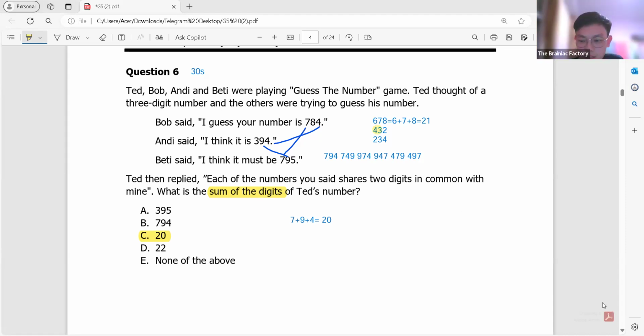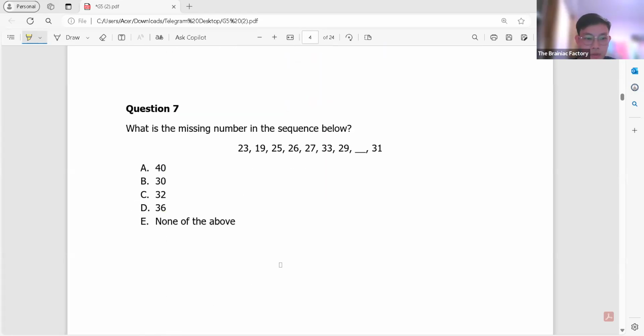So anybody have any question? If you do not, I think we're going to move to the other question. Okay, so I think it's time to go on. Move to question 7. They're asking what is the missing number in the sequence below.